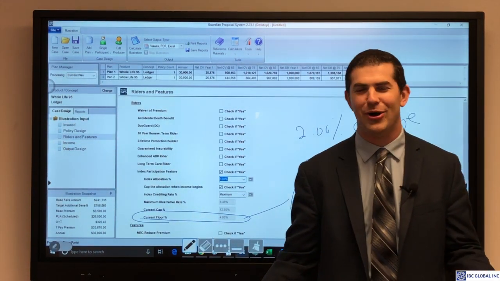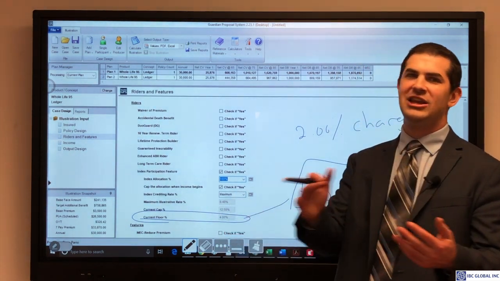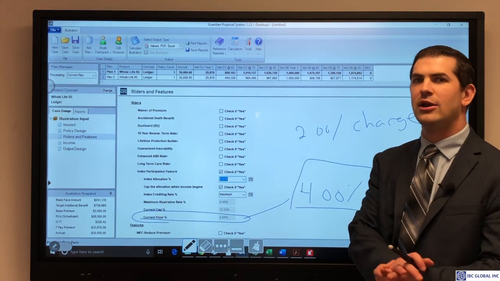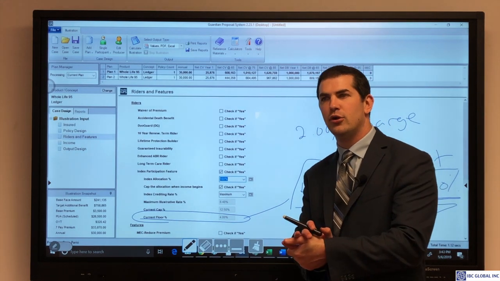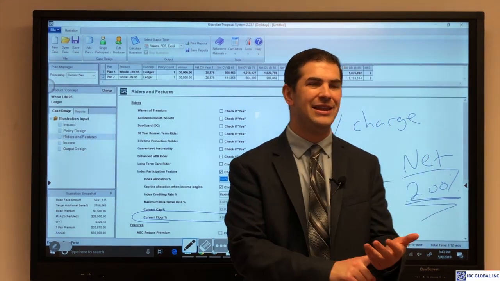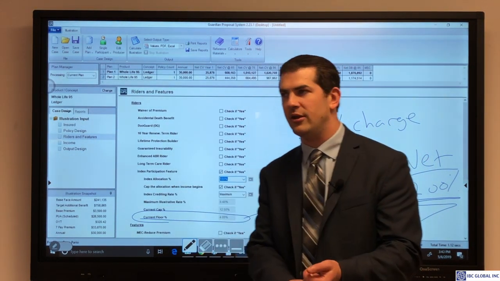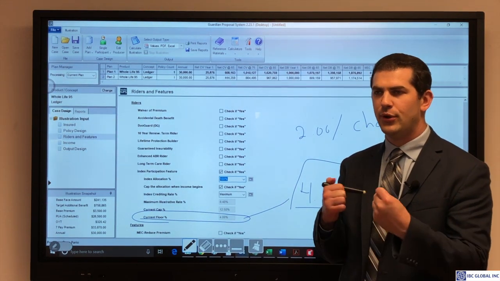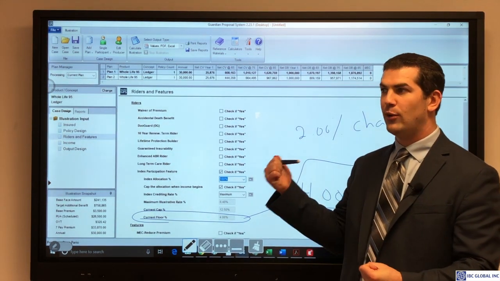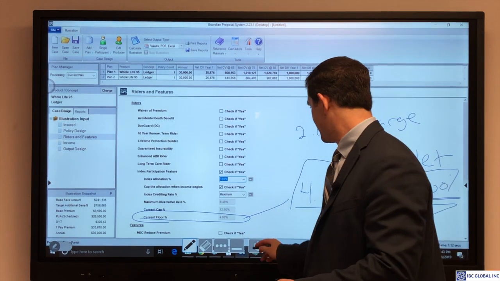Any drawback to any market strategy. But where I would see the potential drawback is really on the guaranteed values. If I compare those guaranteed values from a basic dividend illustration compared to the indexed illustration, purely focusing on the guarantees, I will see it much stronger in the basic dividend.